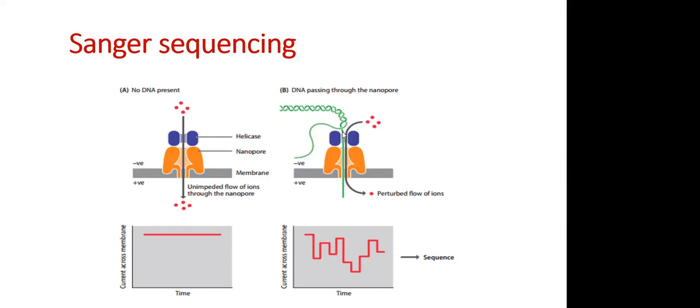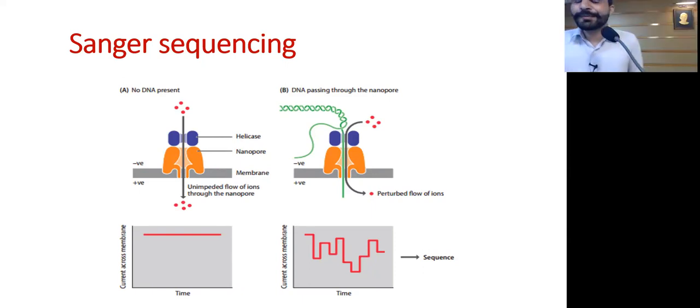What is a frame shift? I think these are not in the scope of the course, but a frame shift is when we have a mutation, either a deletion or an addition.